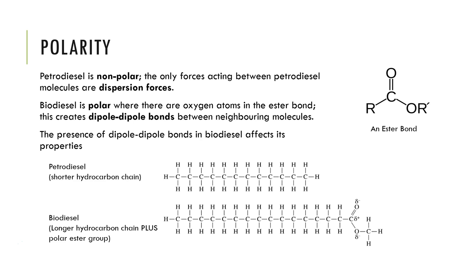Let's talk about polarity, and you may recognize this diagram here. Petrodiesel is a nonpolar hydrocarbon, so the only forces that act between petrodiesel molecules are dispersion forces. Biodiesel has a polar functional group. The whole molecule isn't necessarily highly polar, as it has a large nonpolar chain, but where the ester functionality is, there is a delta minus, delta plus dipole.